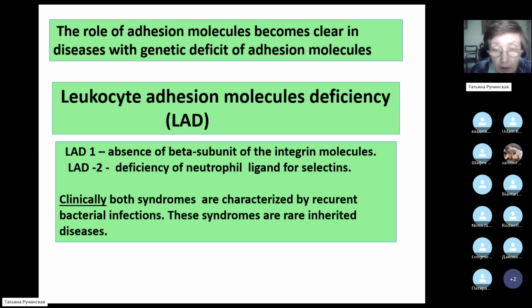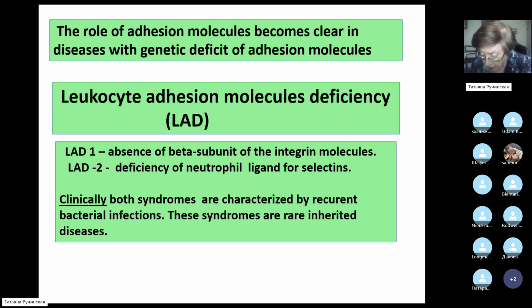At first, on neutrophils, the integrin adhesion molecules are absent or decreased. In another type, there is a deficiency of neutrophil ligands, meaning on endothelial cells there is absent or decreased synthesis of ICAM or VCAM.